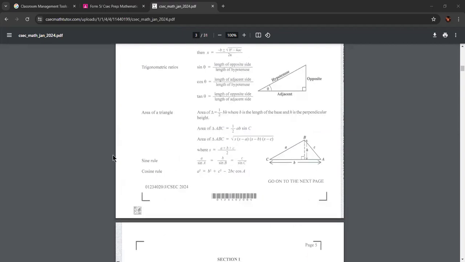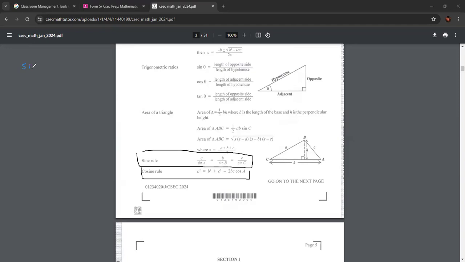And they also give us the sine rule and the cosine rule. So even in the case we forget it, they do give it to you. And I'm going to go over how we use it.